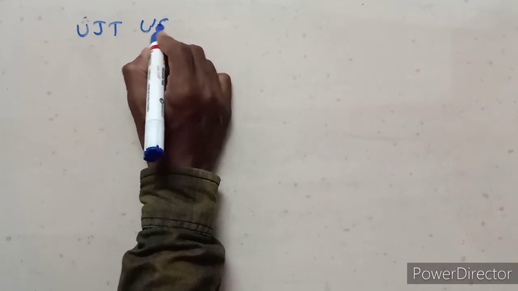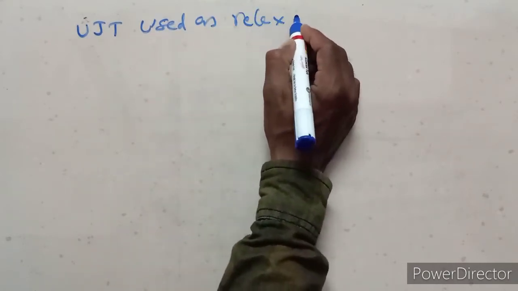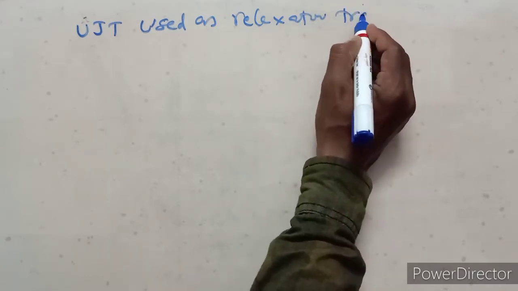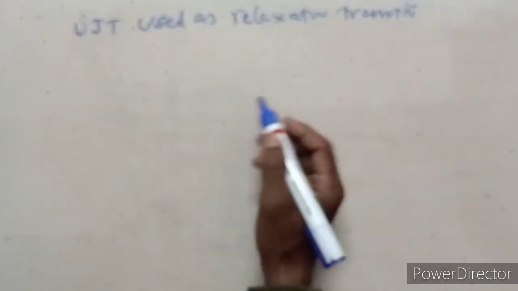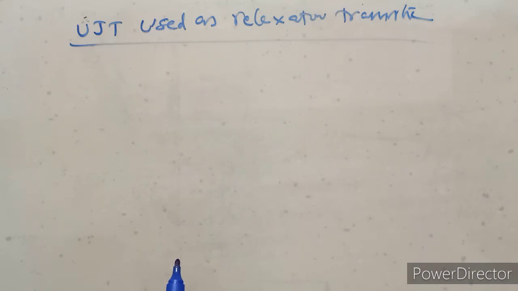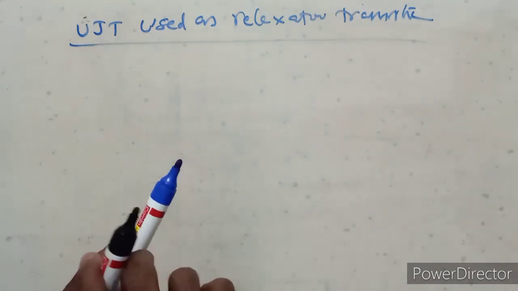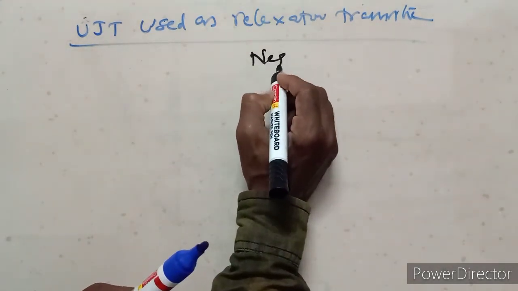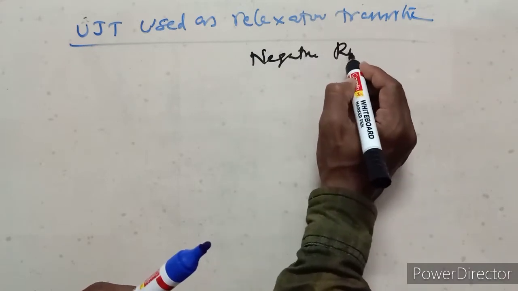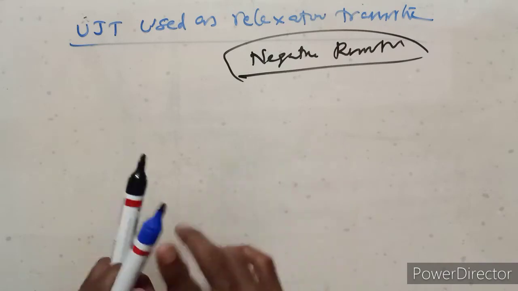The UJT is used as a relaxation oscillator mainly because of negative resistance. Negative resistance is the characteristic of the UJT.